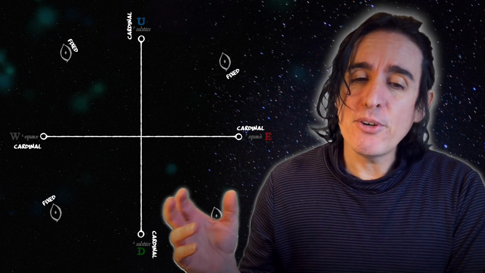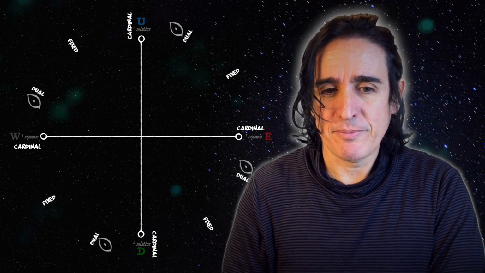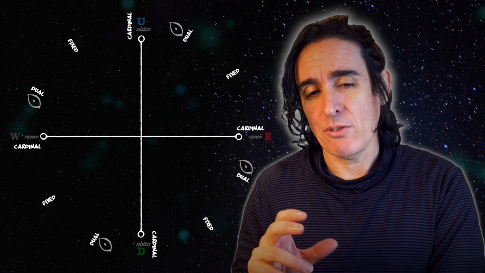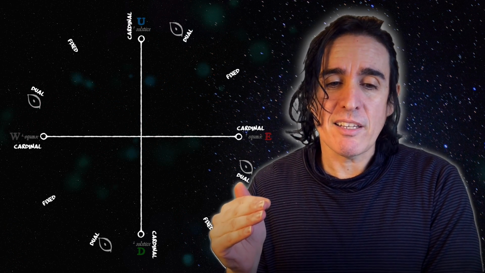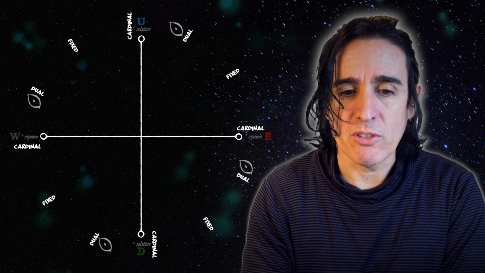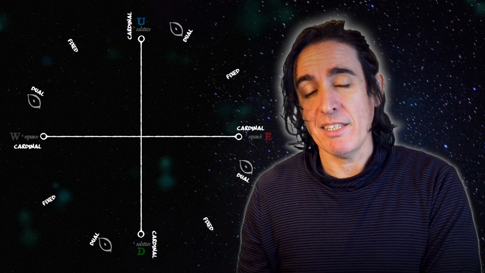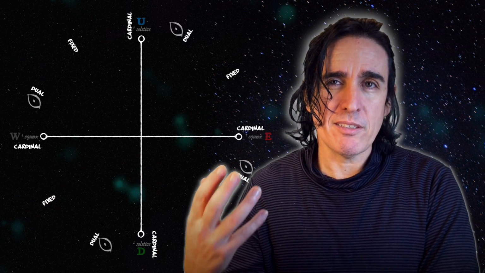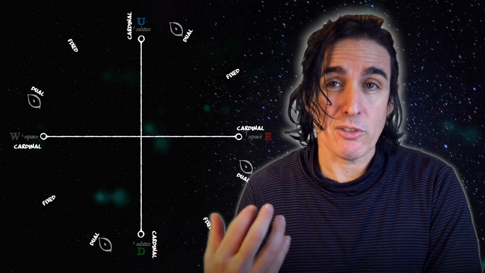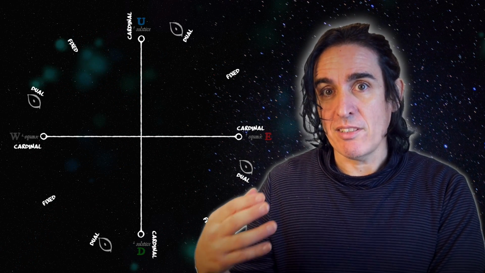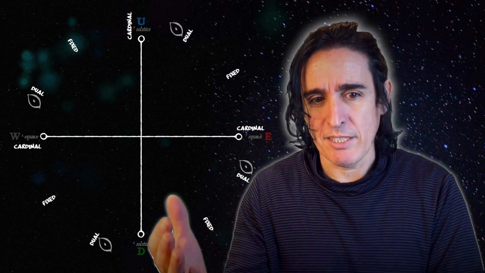And finally, the third mode is called dual. It has a multiplicitous nature, trying to focus on 2 things at once. This is how the sun operates when it's about to complete 1 cardinal course and about to begin another. It's a little bit fixed because it's still trying to complete its current course, but it's also a little bit cardinal because it's preparing to begin a new journey.